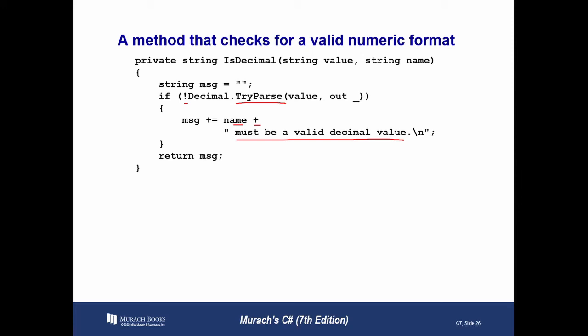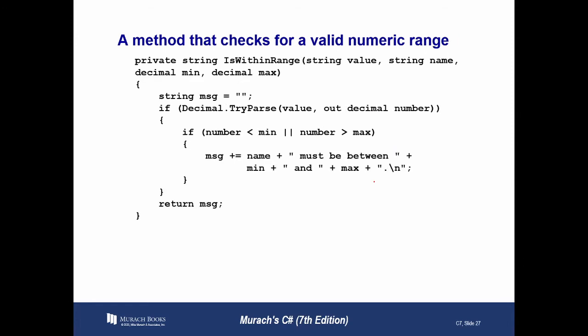So we can do different things with this in order to validate our user's input. And again, we can do different things with a valid number range. We can use the two pipes for or. So this number is less than minimum or number is greater than maximum. So we can then again do this stuff. Keep in mind you're using this TryParse again.